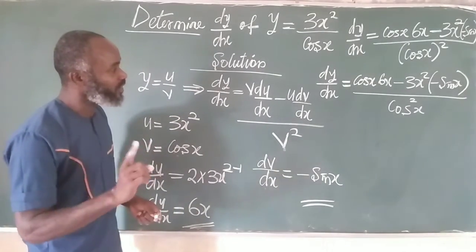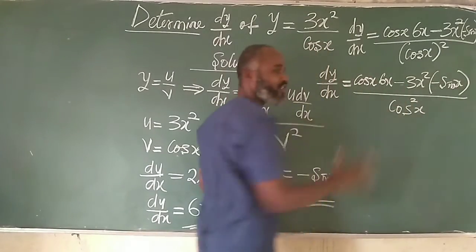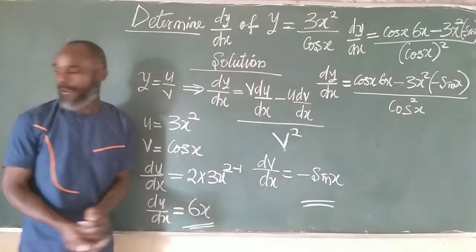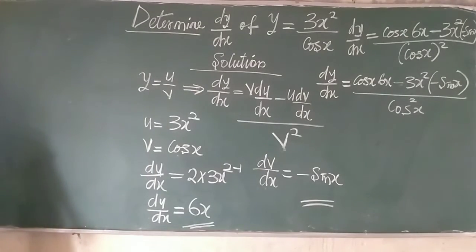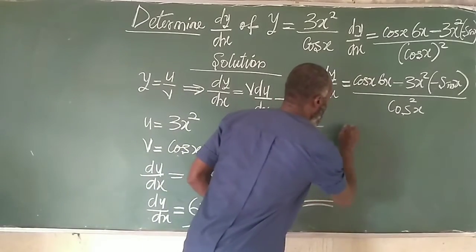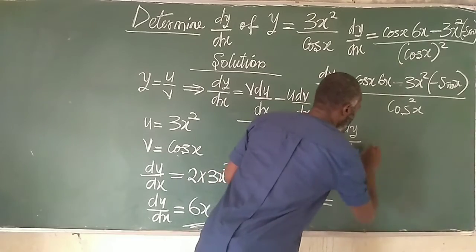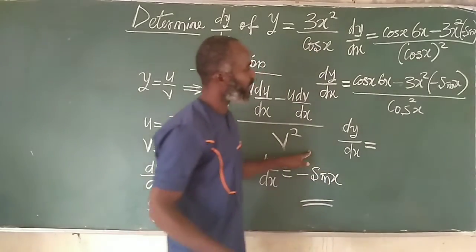We must clear this minus sign and arrange it to look nice. So let's go further and simplify. dy/dx is equal to, let's see what happens here.